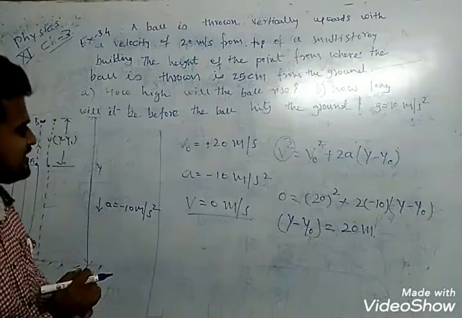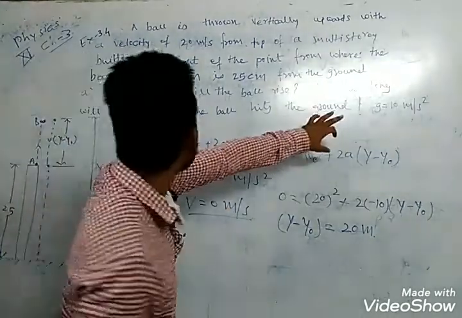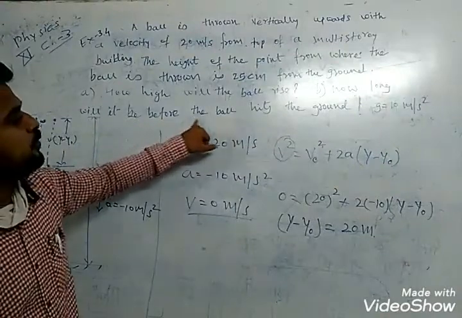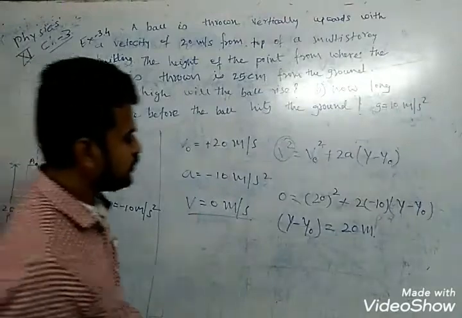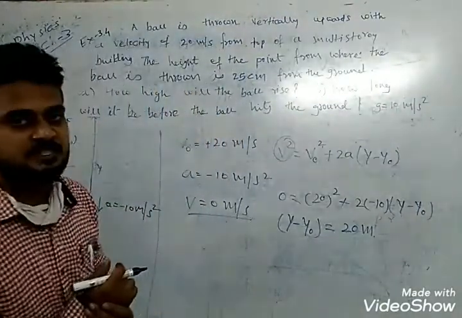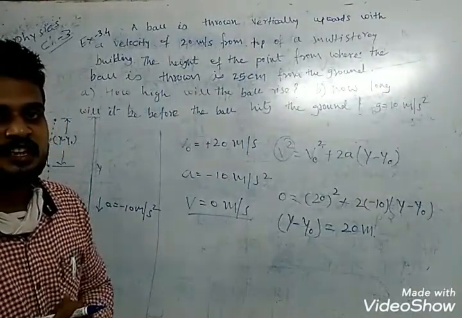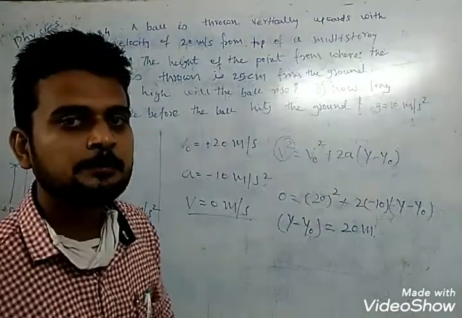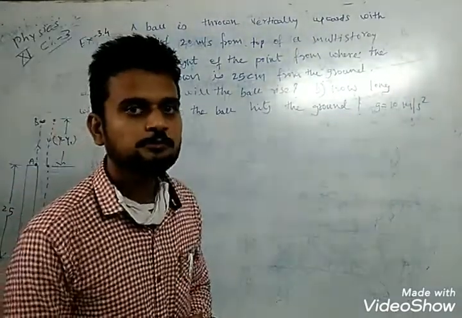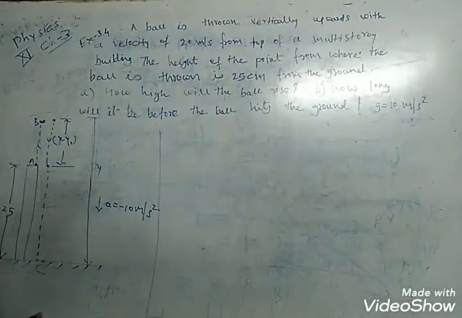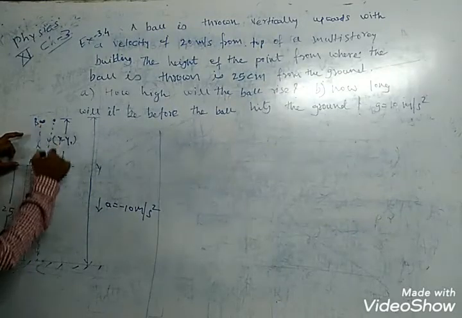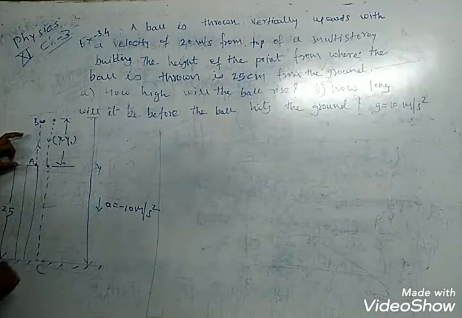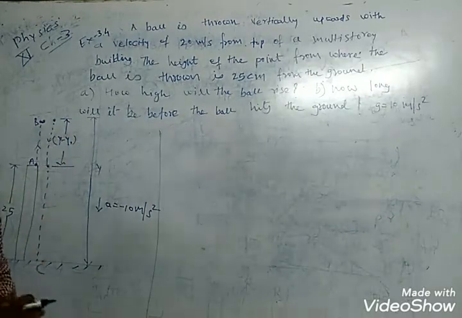Now the next question: how long will it be before the ball hits the ground? There are two methods. In the first method, the total path from A to B and B to C is divided into two parts.